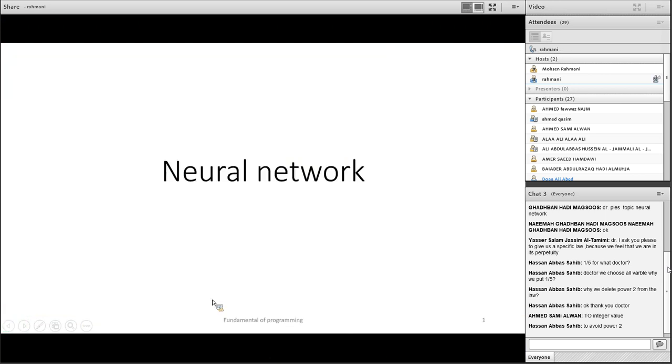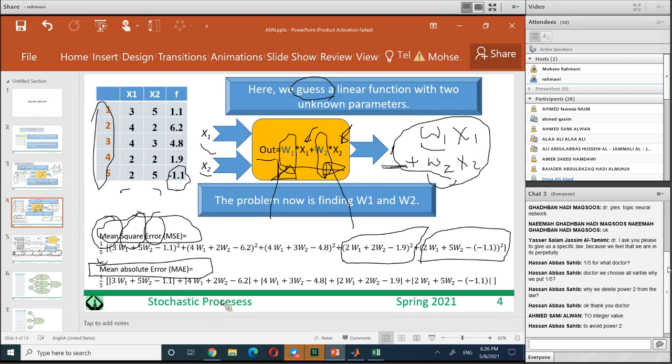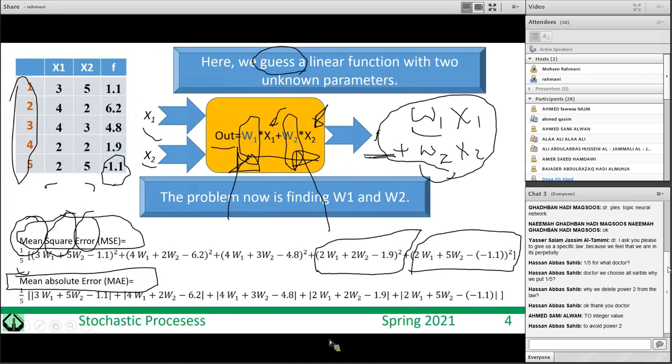Here we have a summation, and this is the error, for example, for row 3. This is the error for row number 2. This is the error for row number 5.